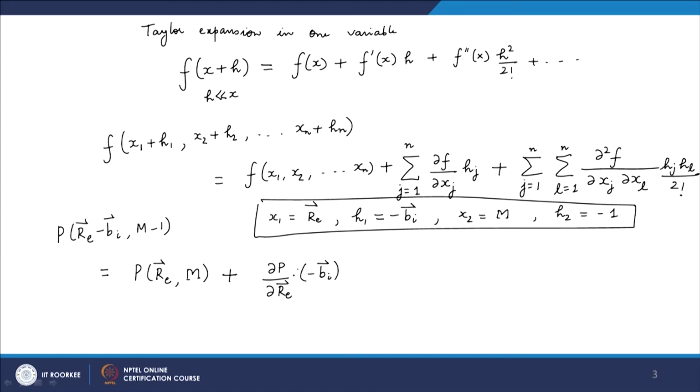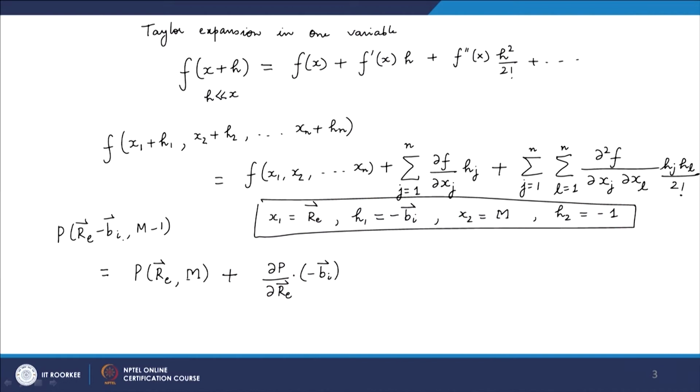You see a bit of a trick here: since one of the variables is a vector, the derivative of probability with respect to Re is also a vector, and since the final result is a scalar, I take the derivative and I dot with the corresponding value of h.